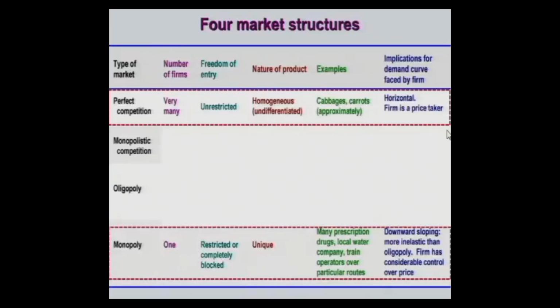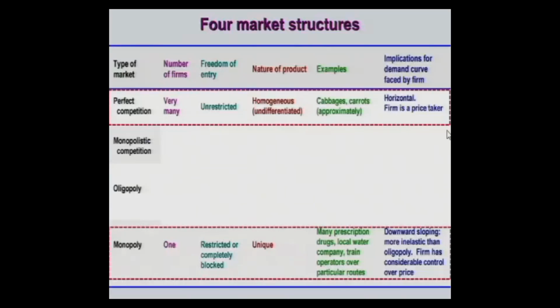And as a result of this, and not being able to set the price, because in perfect competition you have so many firms, an individual firm is not able to affect the price. So it will have to accept the price given. That means they face a horizontal demand curve. I'll define that in a minute.